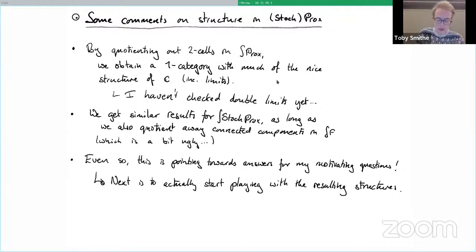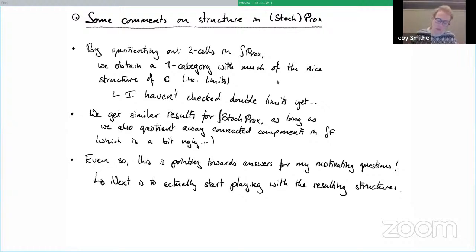I think it would be nicer to talk about double limits, but I haven't got around to it yet. But at least it looks promising that up to two cells, up to a sort of reparameterization, I can still talk about, say, equalizers of these kind of doubly parameterized maps.